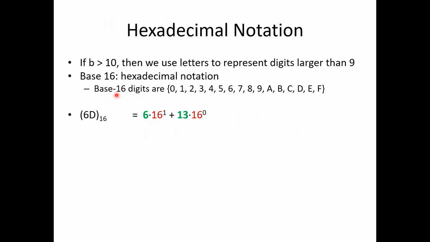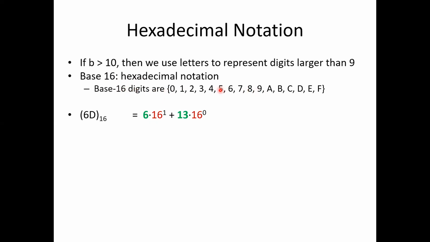Bases are arbitrary, right? You can have base 37 if you wanted, and your digits would be some symbols that represent numbers from 0 to 36. A convenient base used in computer science is base 16, called hexadecimal. Because it's base 16, you need 16 digits.